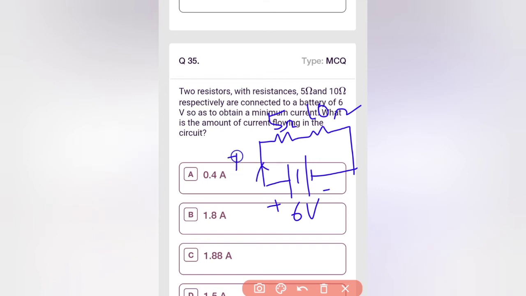So what is this current? I is equal to V by R. V is 6 and R is 15. What is 6 divided by 15? It is 2 by 5. It is 0.4. Option A is the correct answer.